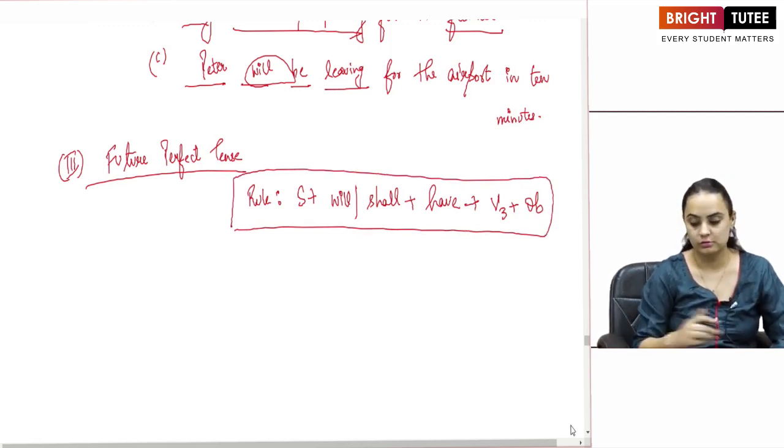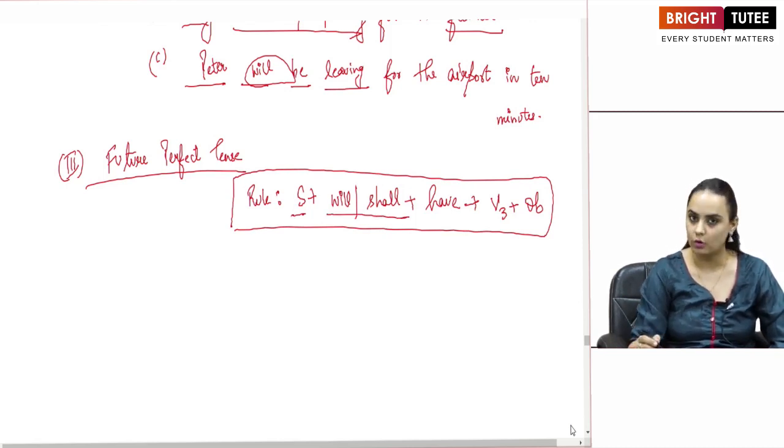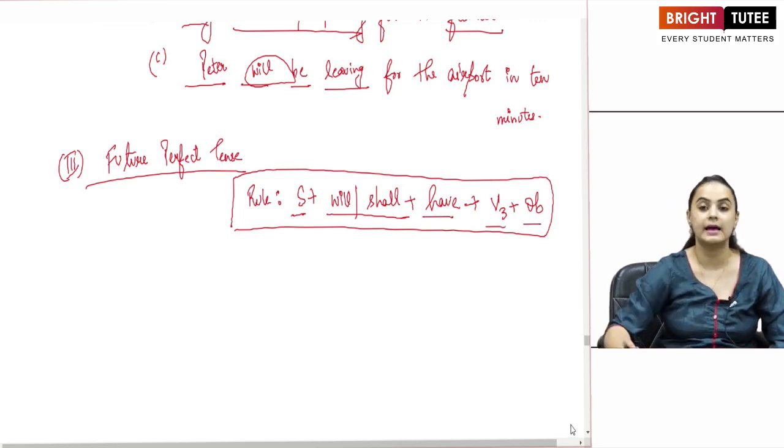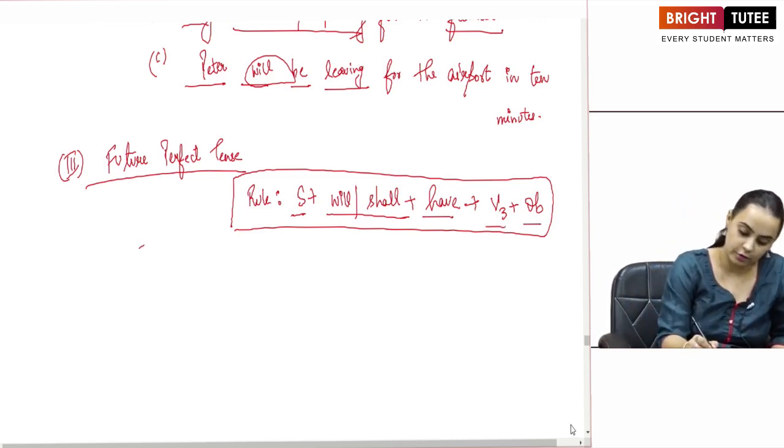So what is the rule? We first use the subject followed by either will or shall plus have plus third form of the verb and the object.